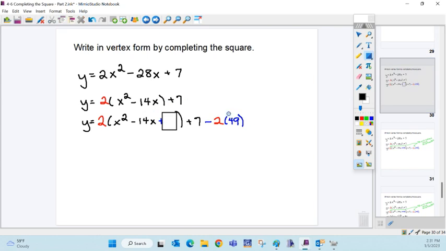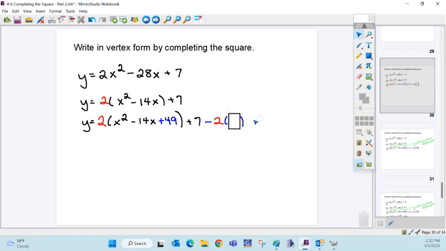If we have our little box here, the thing to complete the square is going to be 49, right? Because we divide 14 by 2 and square it, and we get 49. That's this part. Ignore this part over here for a second.